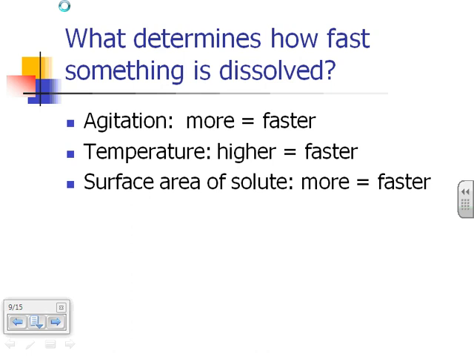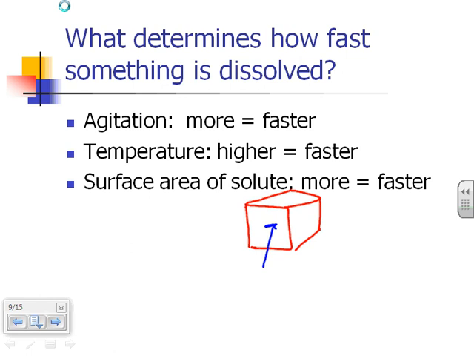So if you take sugar crystals, just a cup of sugar, put it in there, it's going to dissolve pretty quickly. If you take a cube of sugar, there's not a lot of surface area on that cube, but there's a lot of sugar inside of that cube that's not in contact with the water, that can't dissolve.